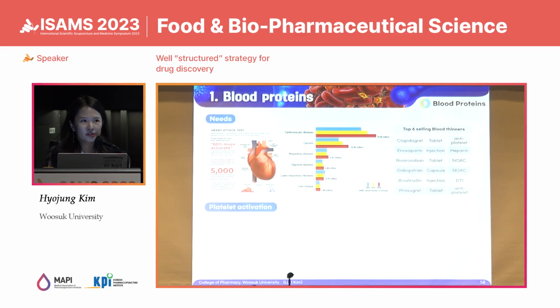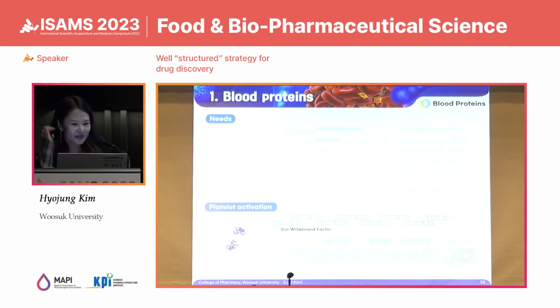This is important because CVD, cardiovascular disease, the artery clotting disease, is the top leading cause of death in our period. So I am studying this blood clotting system to develop a new blood thinner to replace the top one selling drug among blood thinners.